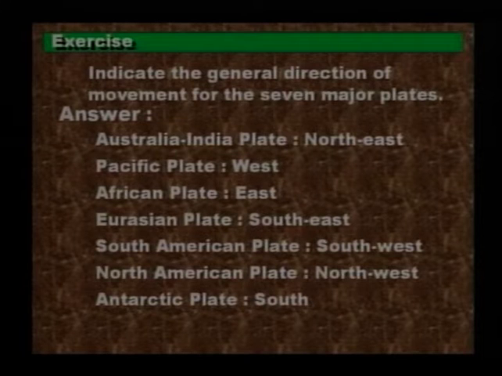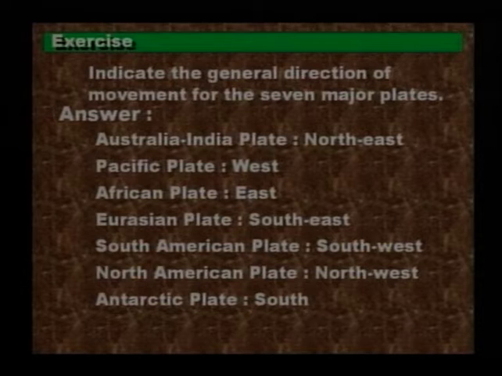We look at the African Plate. For the African Plate, the general direction in which it is moving is to the east, towards the east. The Euro-Asian Plate, southeast. The South American Plate, generally to the southwest.